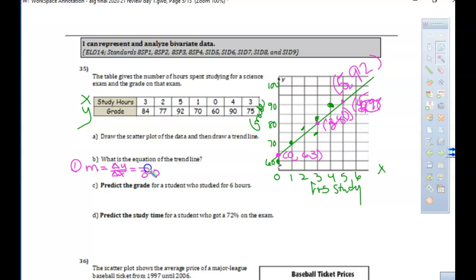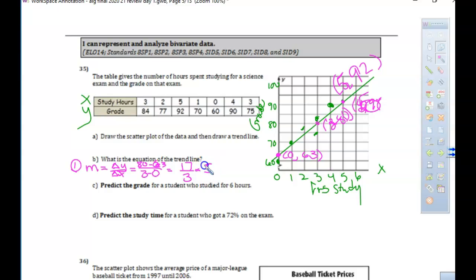3 minus 0, 80 minus 63. How much are we talking about? 17. 17 divided by 3 though, right? Because the change here was from 0 to 3, right? So 17 divided by 3 is going to be a little over 5 something, right? Okay?